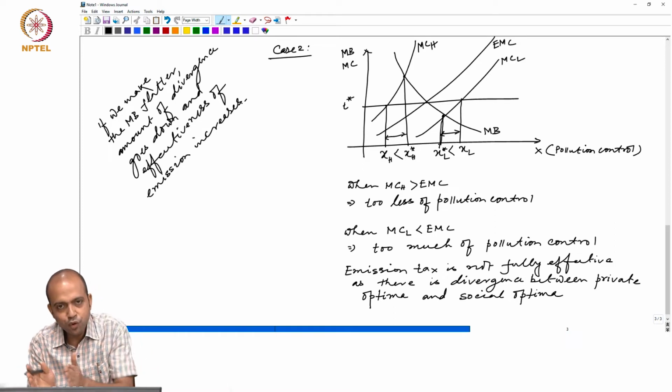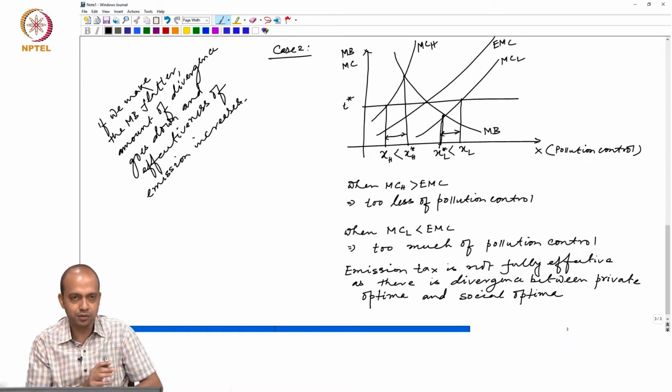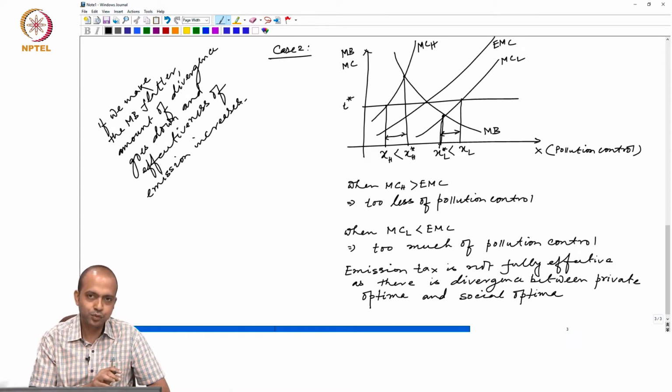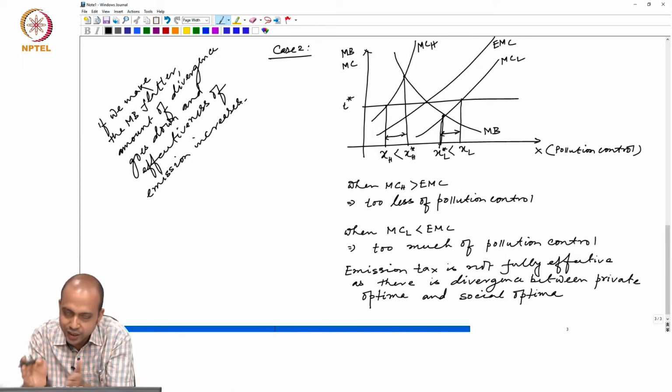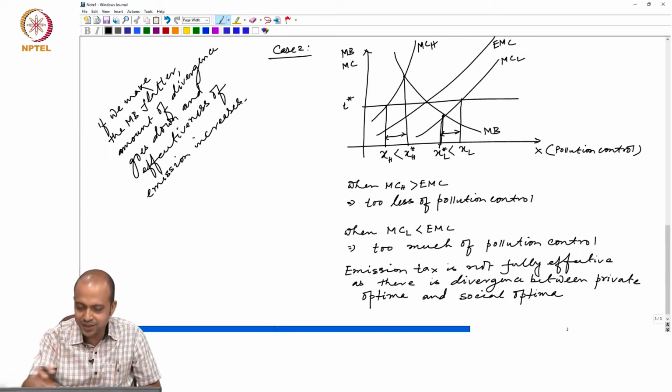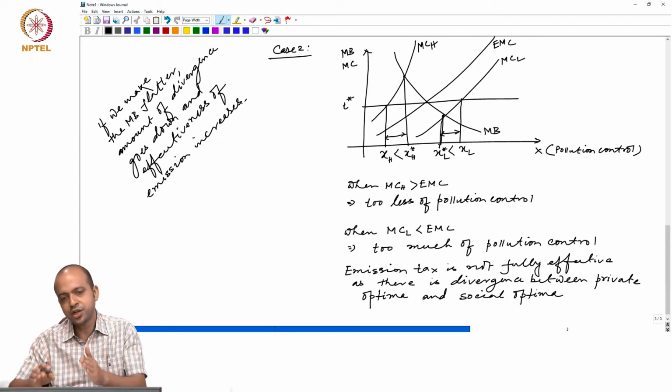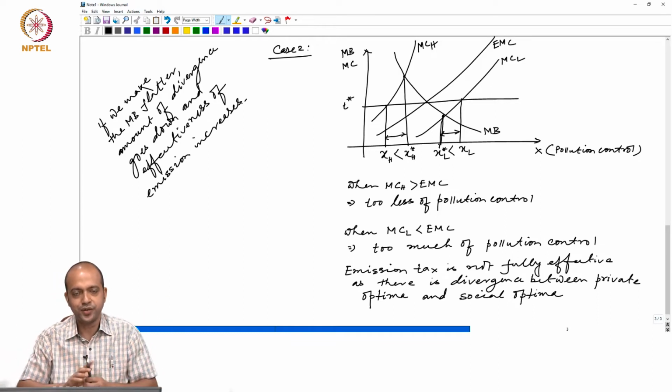And if you keep on rotating this MB curve clockwise, what will happen? At the extreme case, it will again become a flat straight line, and the emission tax rate will again become fully effective.